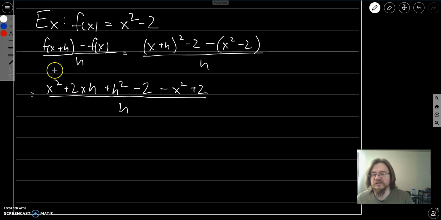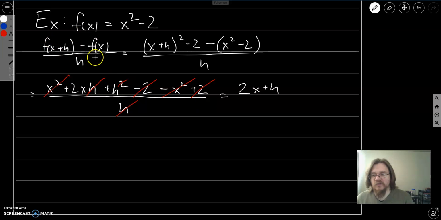And from here, we can see some things cancel out. I have an x squared and a minus x squared. I have a minus 2 and a plus 2. And then I have an h on the bottom, which will cancel with a factor of h from each of these. So what I'm left with is just going to be 2x plus h.